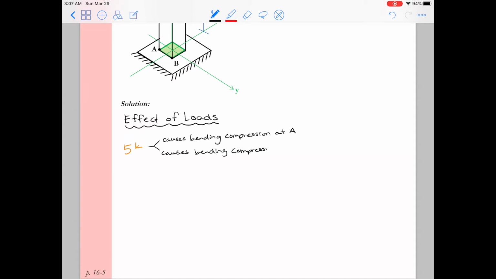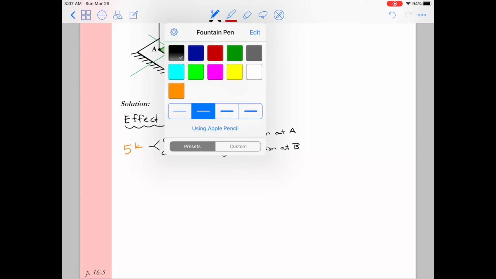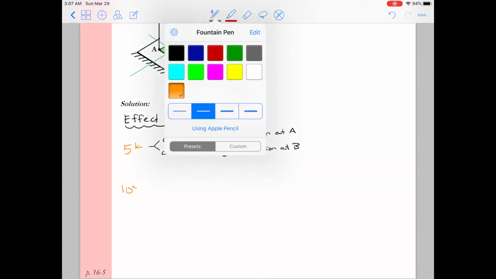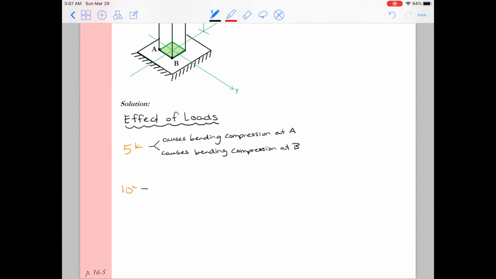So this is compression due to bending, which is going to be tied back to our bending stress equation, My over I. The 10-kip load acting in the negative y direction causes compression at A, but it's causing bending tension at B.